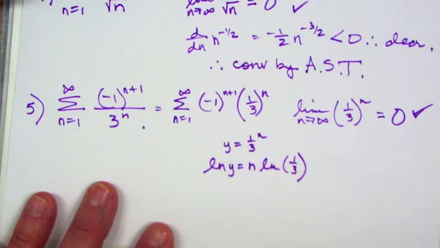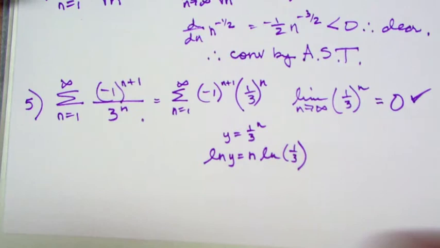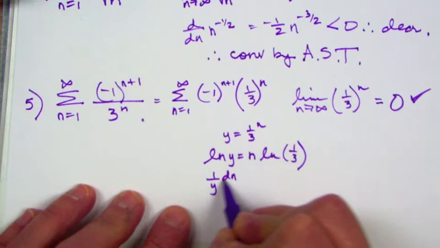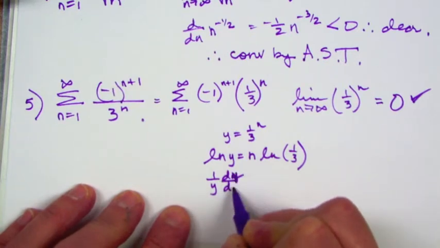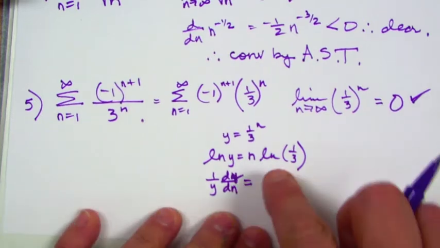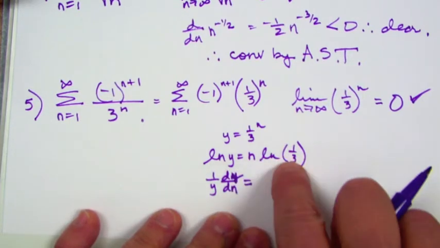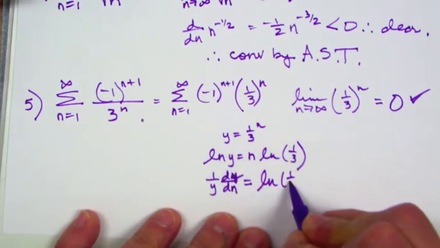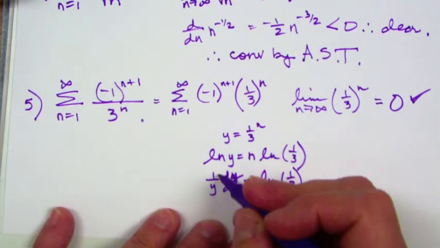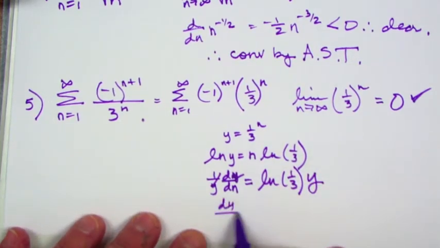So this would be 1 over y times dy dn. This is a constant times a function, so the derivative is just the constant, right? And then I would multiply by y. So the derivative here is ln 1/3, and y was equal to 1/3 to the n power, right?